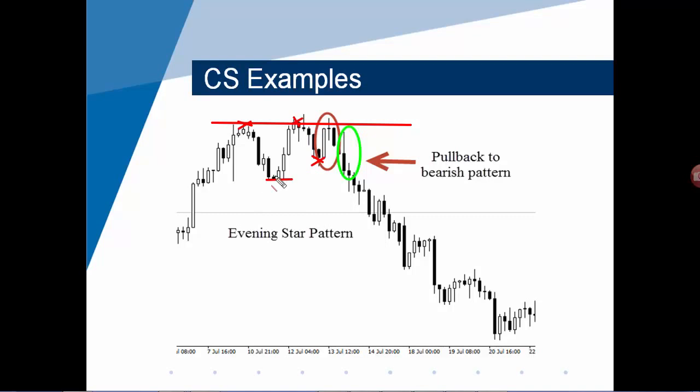So for me, I would be a little bit wary of getting into a trade at this point. So what I would have done here is to say, okay, I'm going to use this level as my breaking point. If price breaks below this level of support, then this is my entry to go short, because what I'm going to see is another rejection here and a break of a support level.